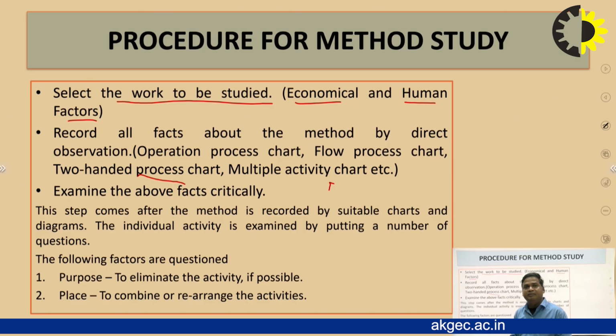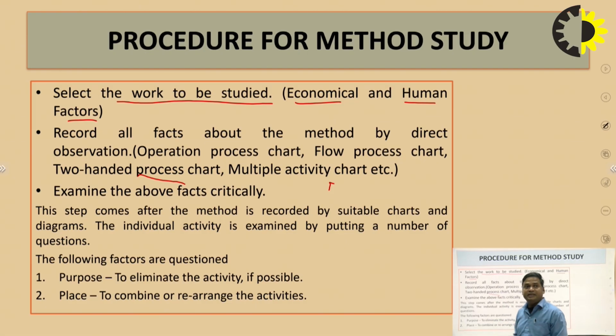Human factors are basically the people who are directly engaged with the machines. They fear that their job may go, or we will be overloaded, or our wages will get reduced by implementing new methods. So these 2 factors are very important for selecting the work which is to be studied.